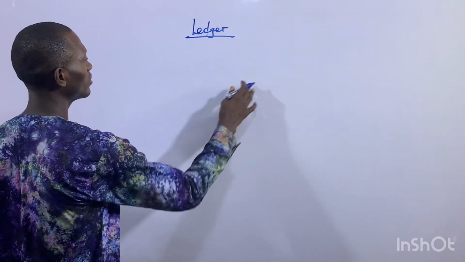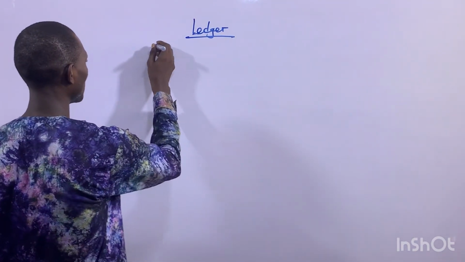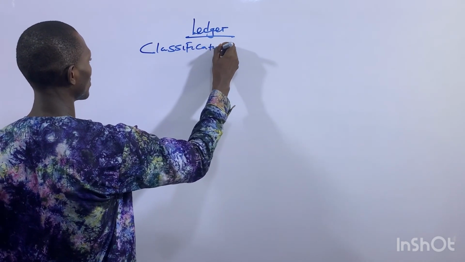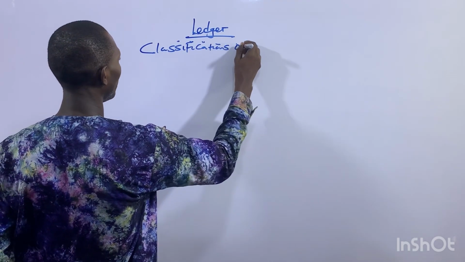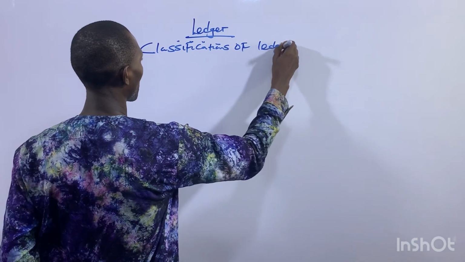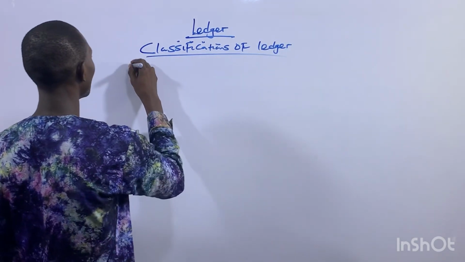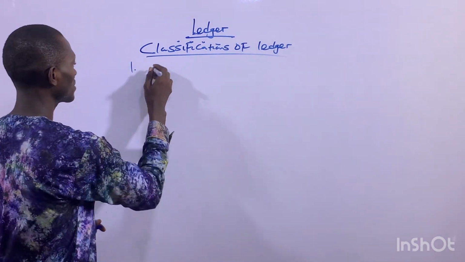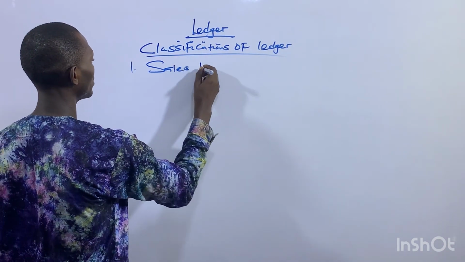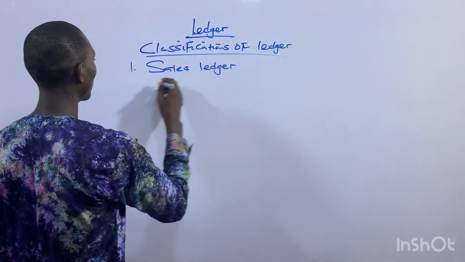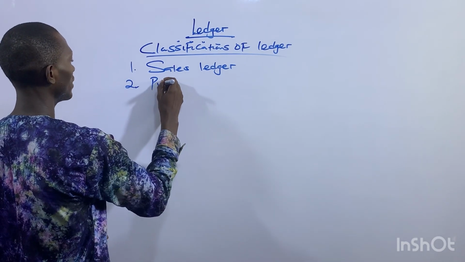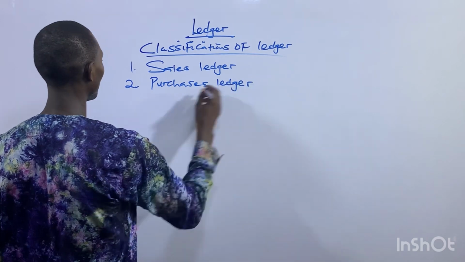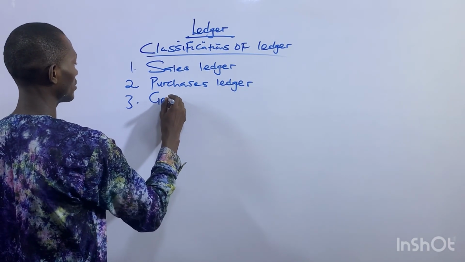That's with respect to that. So let's talk about the classifications of ledger that we have. So basically there are three classifications of ledger. We have sales ledger, we have purchases ledger, and we have general ledger.